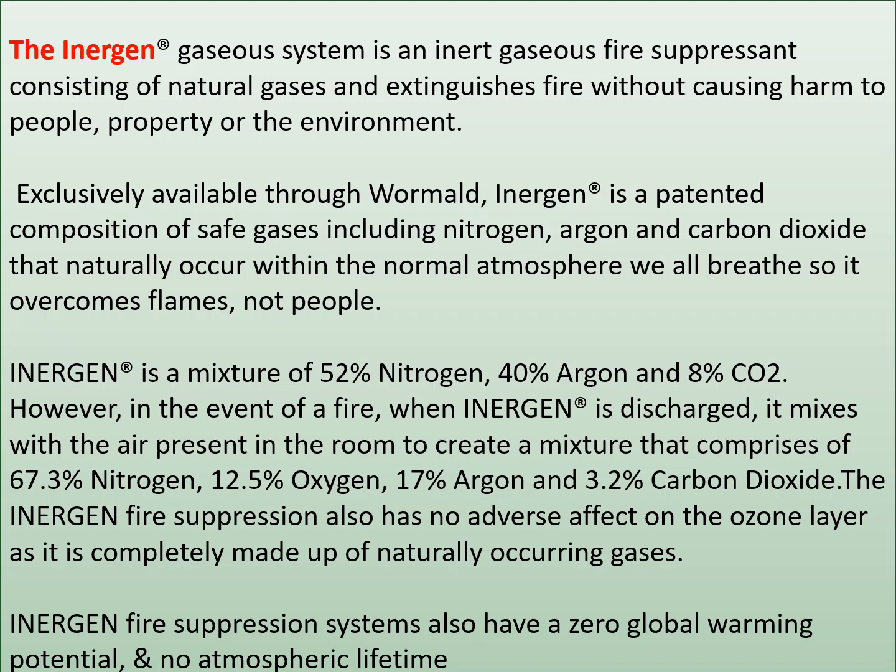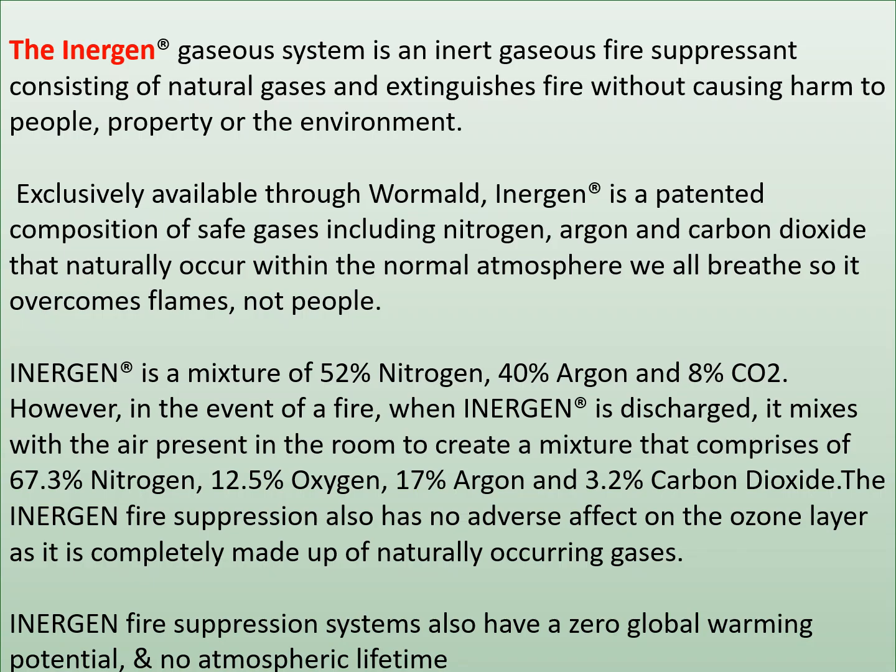Friends, the Inergen gaseous system is an inert gaseous fire suppressant consisting of natural gases and extinguishing fire without causing harm to people, property, and environment. Exclusively available through Viking Inergen, it is a patent.